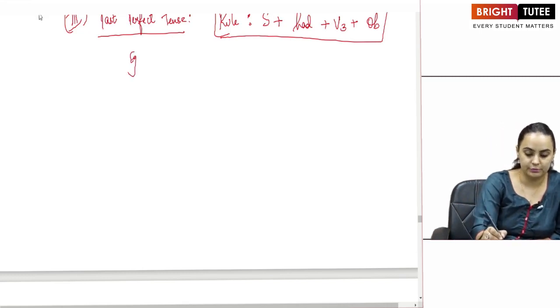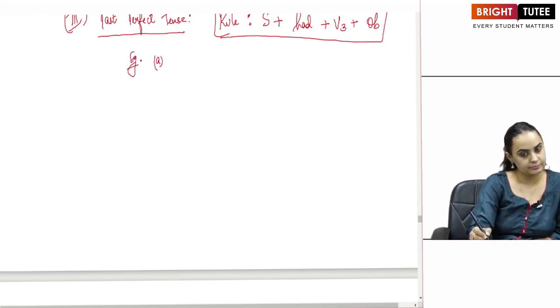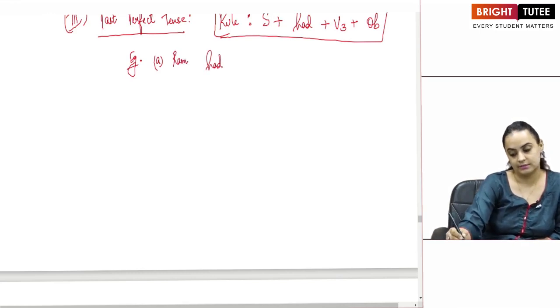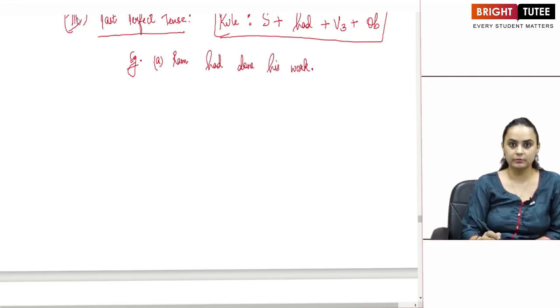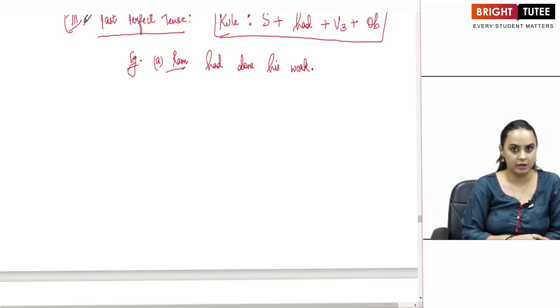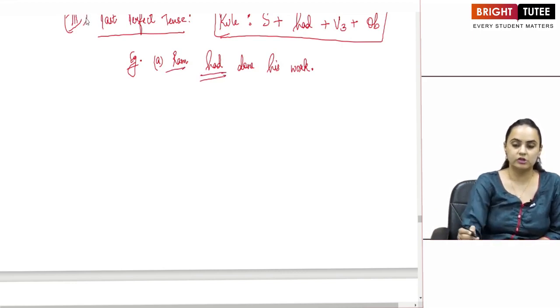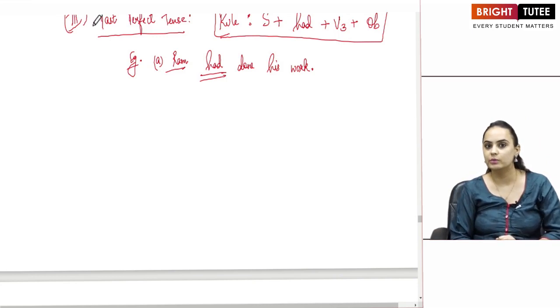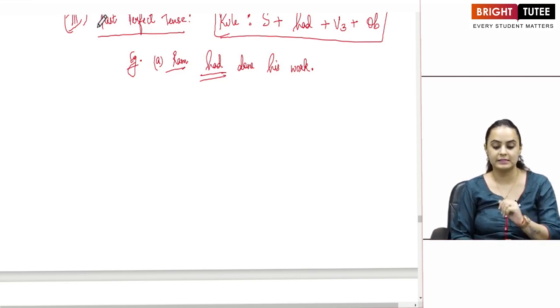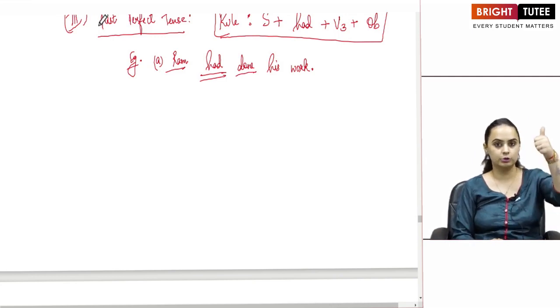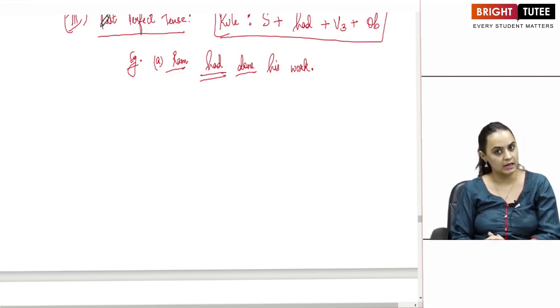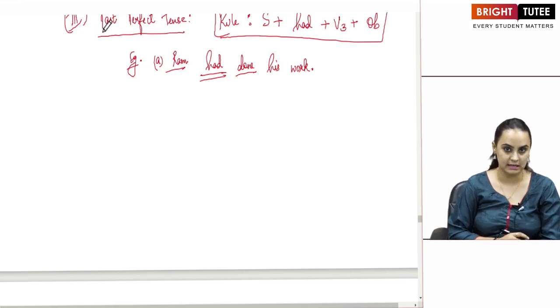For example, Ram had done his work. What is my subject? As the rule suggests, I have only one helping verb to use in past perfect tense, which is had. Third form of the verb is done. Do, did, done. So done. And what has he done? He's done his work.